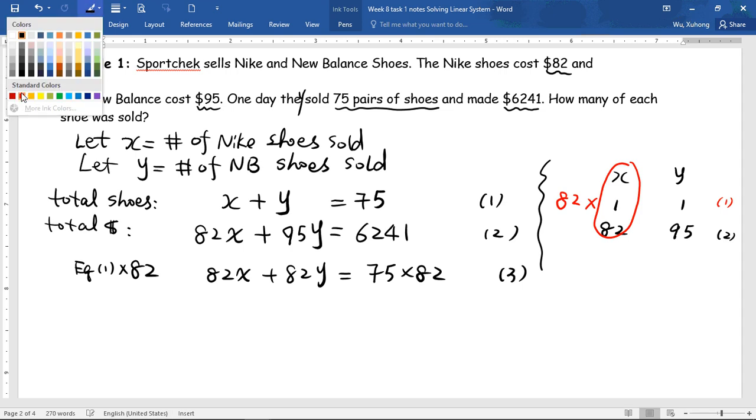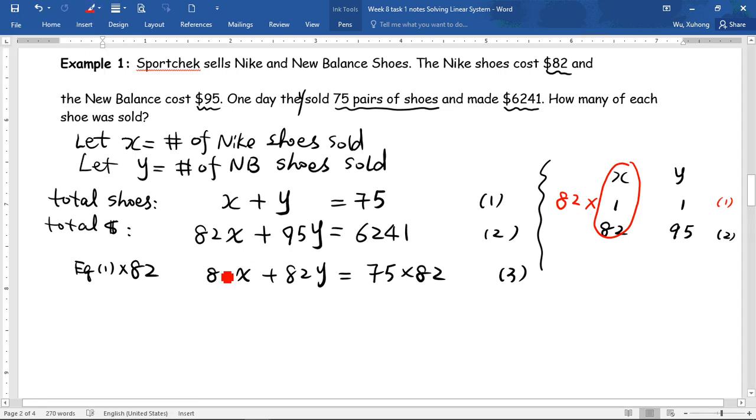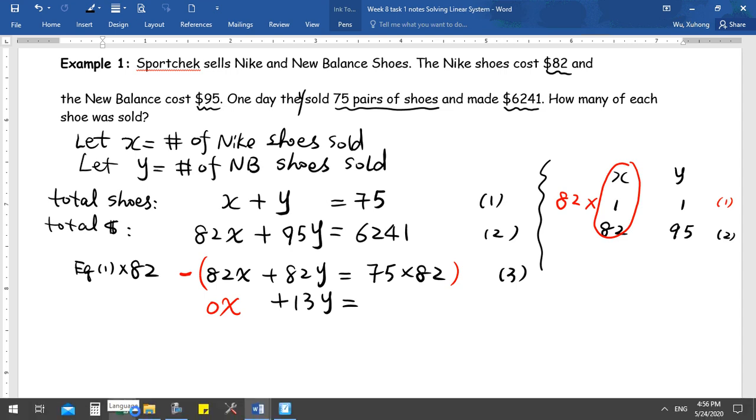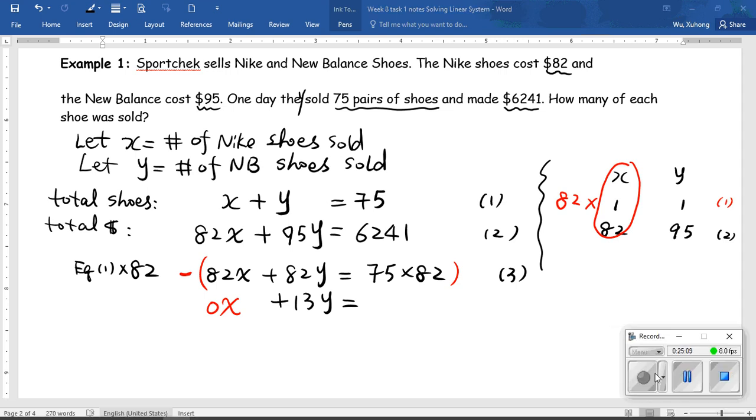And elimination method means we want to get rid of one variable. So 82 minus 82 will give you 0x. This is what we want. Eliminating one of the variables means one variable becomes 0 times it. And 95 minus 82 will give you 13y, then equals 6,241 minus 6,150.